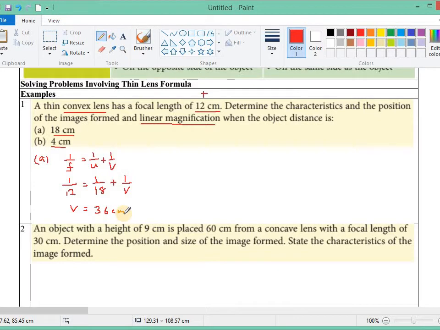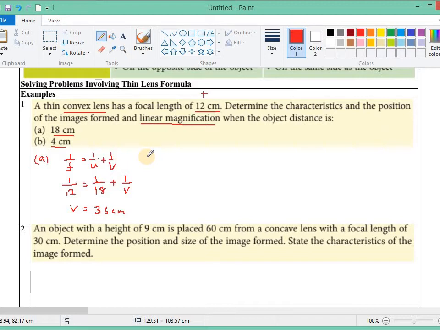So what is the image characteristic if it is positive 36 cm? Usually when we talk about image characteristic, the first characteristic we want to know is whether the image is bigger, whether there is magnification or not.